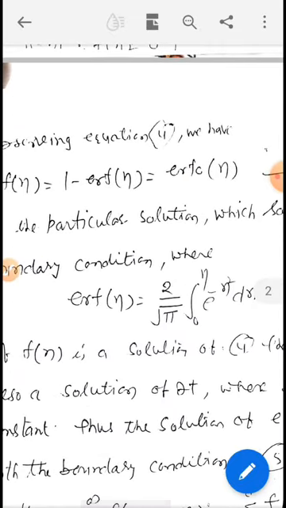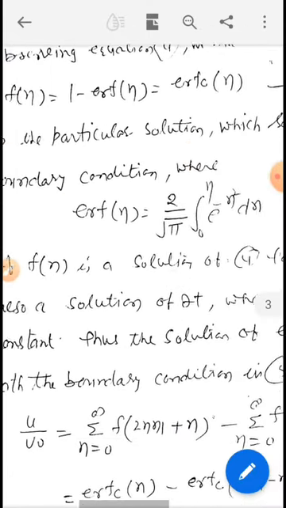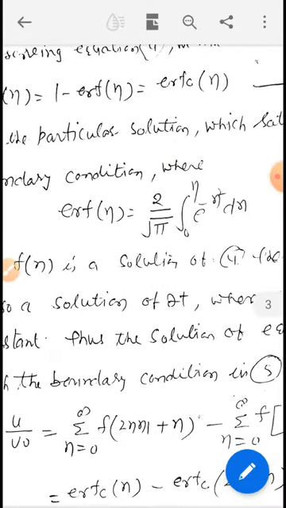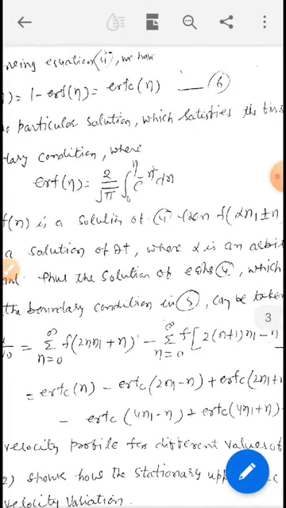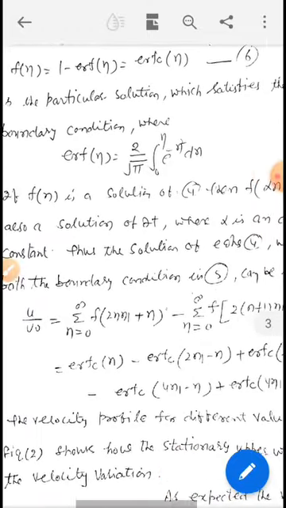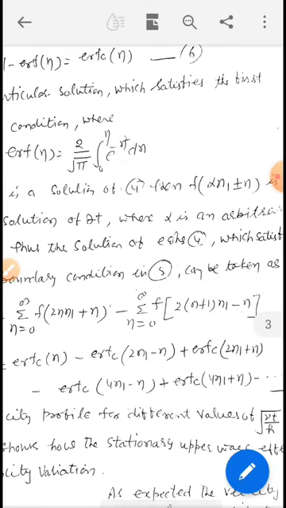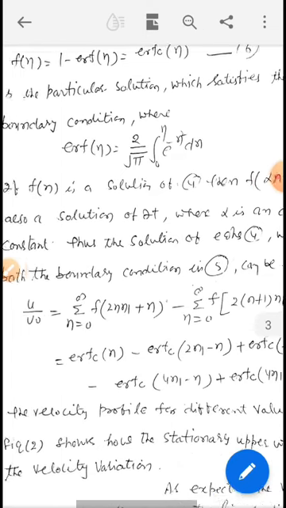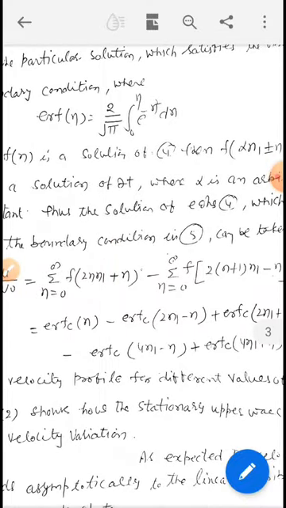This is the particular solution which satisfies the first boundary condition, where erf(η) is equal to 2 upon root pi times the integral from 0 to η of e to the power minus η squared dη. If f(η) is a solution of equation 4, then α f(η) + β is also a solution of it, where α is an arbitrary constant.